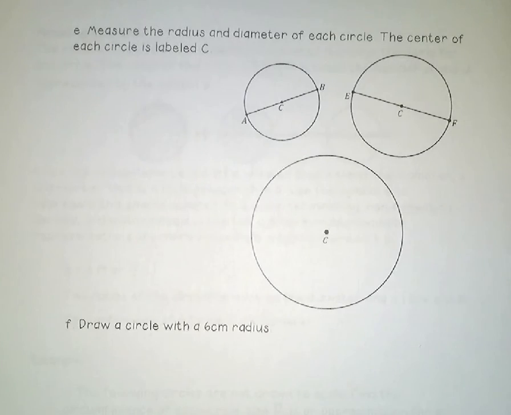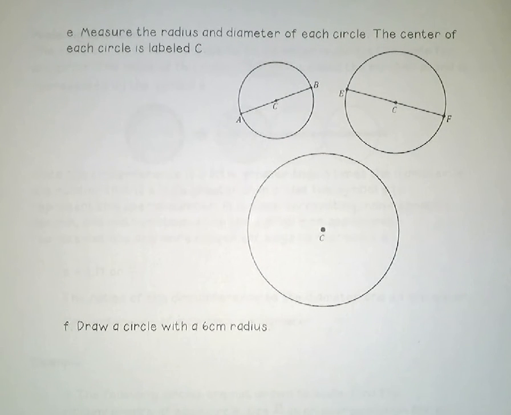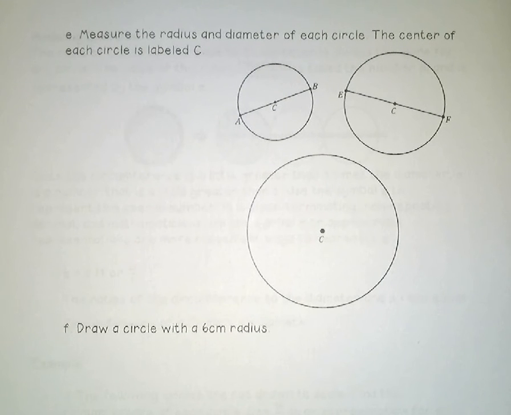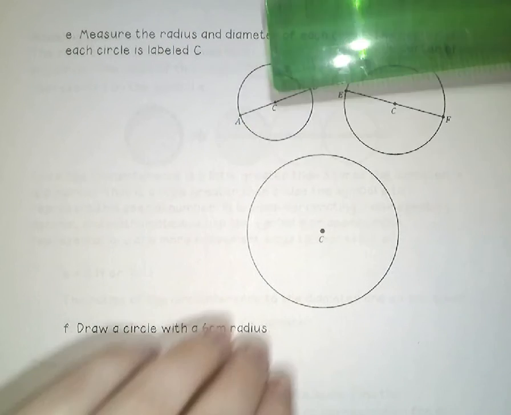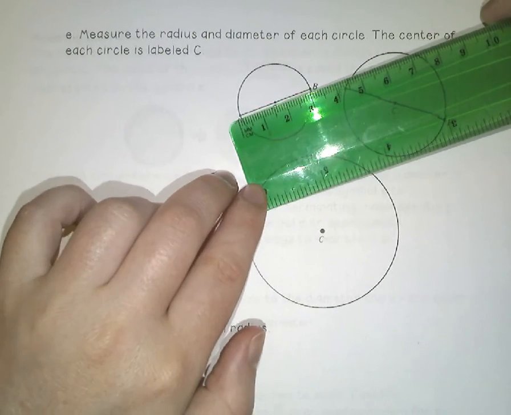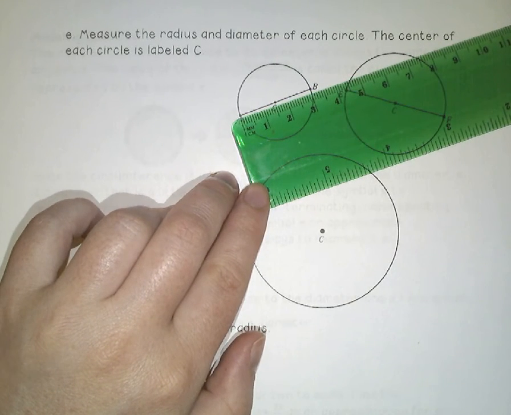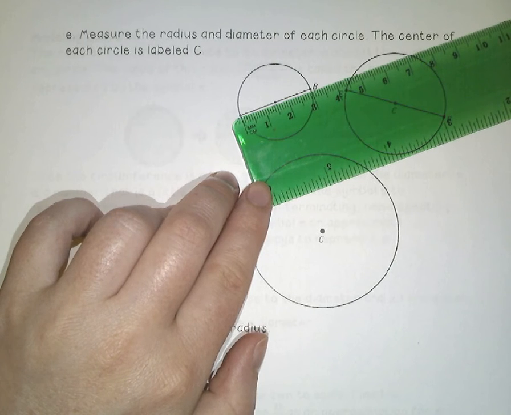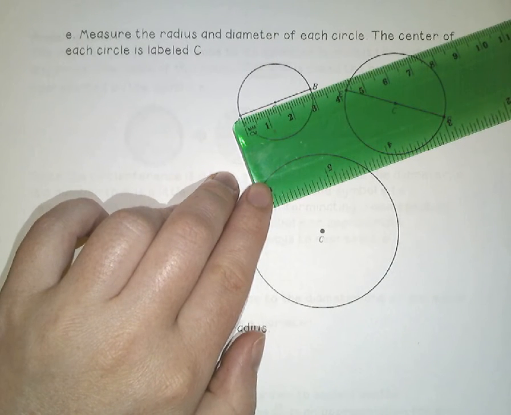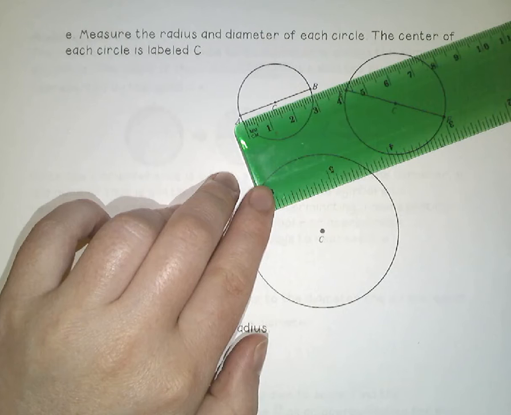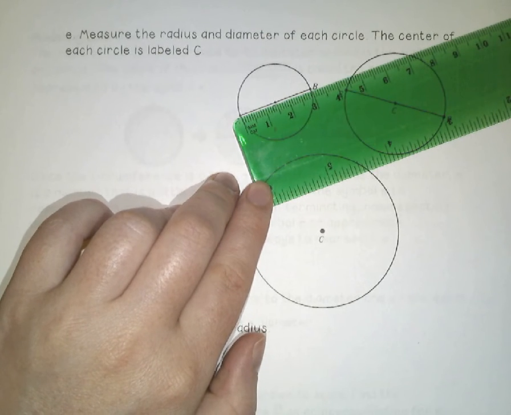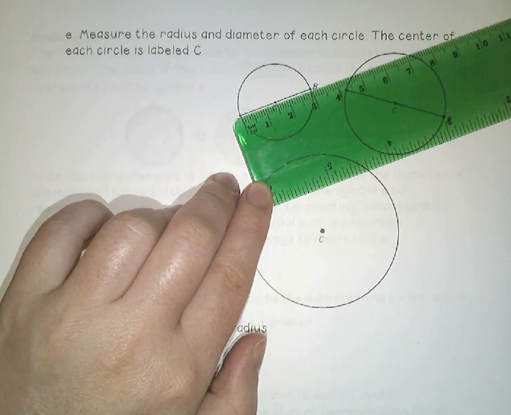All right. So measure the radius and diameter of each circle. The center of each circle is labeled C. So we are going to measure. I usually like centimeters when we measure something. It's more precise, and we can use decimals if you want. So if I'm taking this small circle right here and I measure the distance from A to C, I will get 1.5 centimeters.